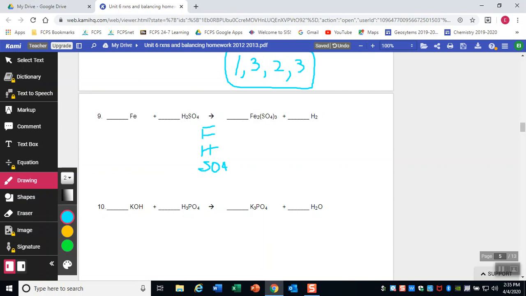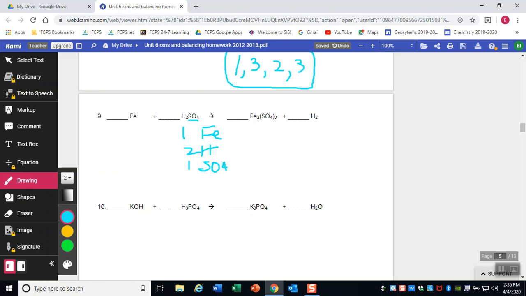All right, and then we'll count. So I have 1, oh, I forgot my E to make that iron. All right. So I have 1 iron over here, 2 hydrogens, and this is 1 sulfate. All this together, right? That's just 1 sulfate.